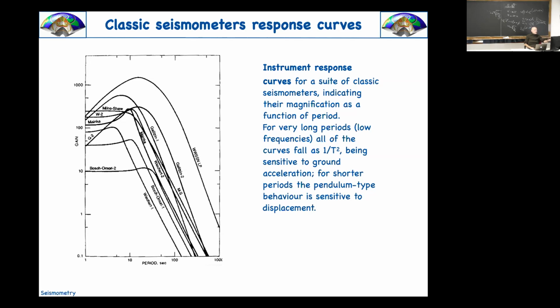this is a sort of a collection of the classical instruments and response curves. We know that if we want to measure long period ones, we need LP instruments. If you want to use short period, let's say 1 second, we need short period instruments.